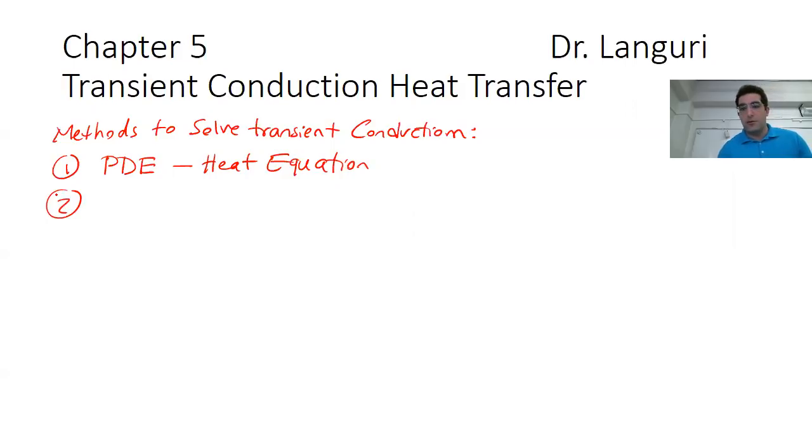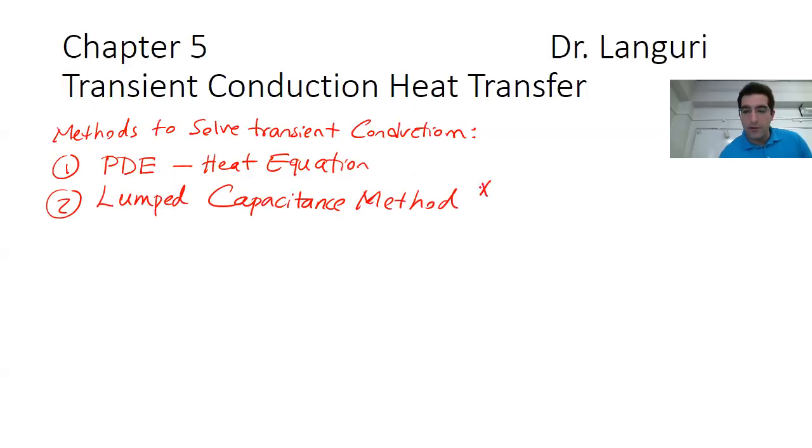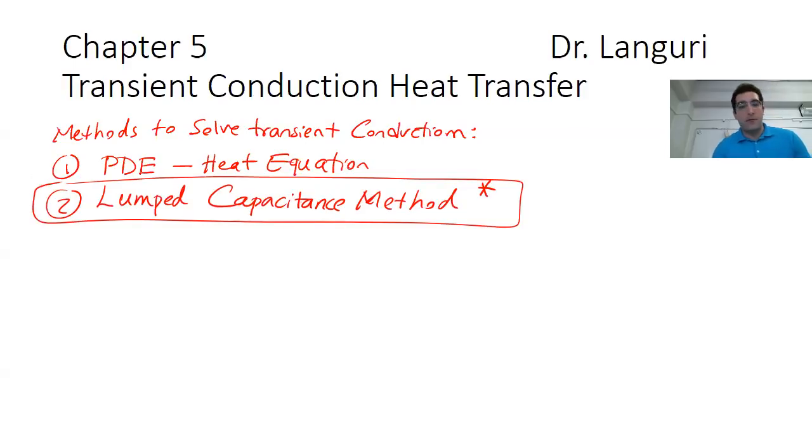Another method to solve such a transient conduction problem is an approach called the lumped capacitance method. That's what we're going to cover today, in chapter 5 only. There are other approaches as well, such as approximate methods. We're not covering those.